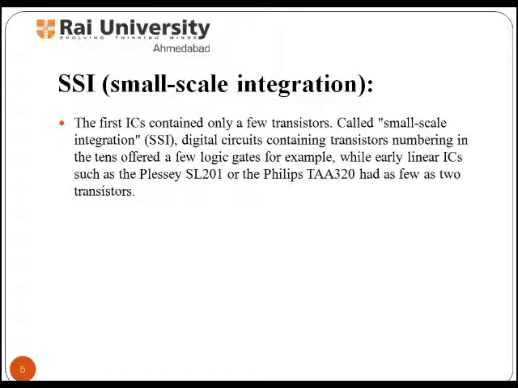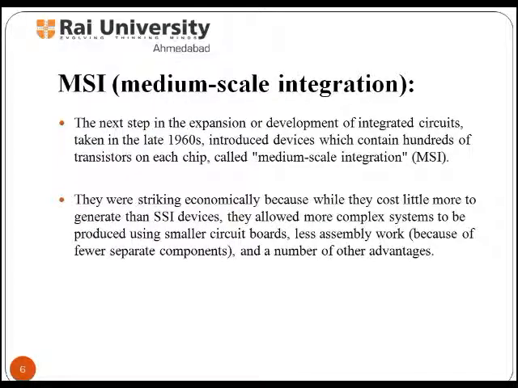Now, in the late 1960s, development of integrated circuits resulted in hundreds of transistors on a chip, which is called medium scale integration, that is MSI. If we compare to SSI, its cost is more.